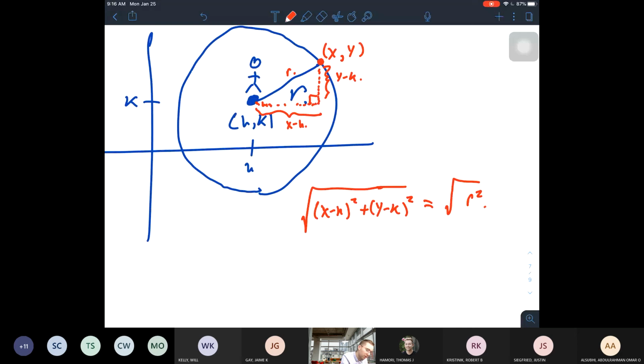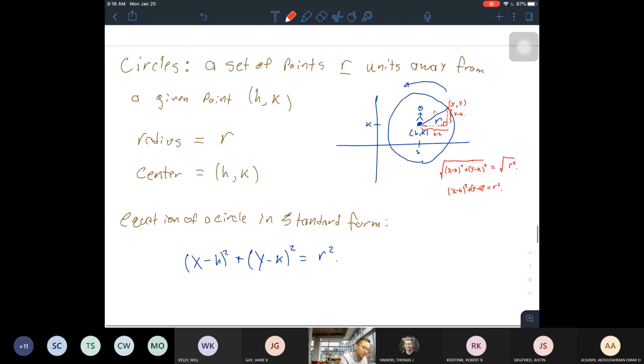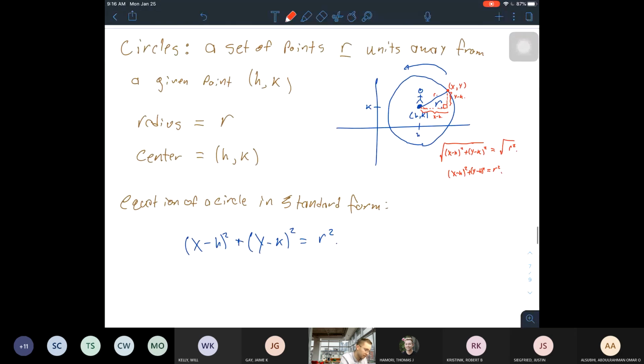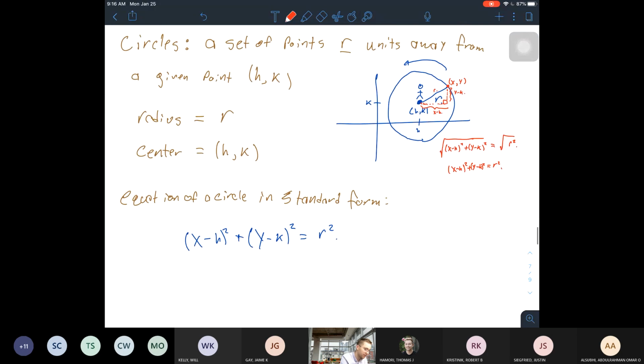And if we just square both sides, we'd get (x minus h) squared plus (y minus k) squared equals r squared. I guess we could have just started there, huh? Anyways, it's nothing but the Pythagorean theorem, and that's how we define this equation of a circle, and this is the form which we call standard form.